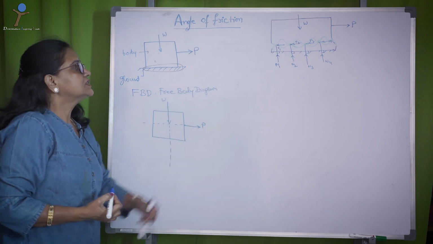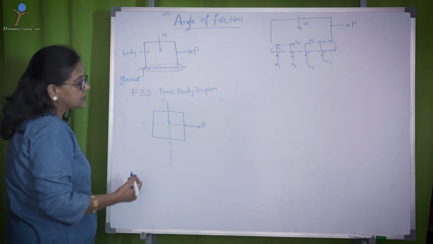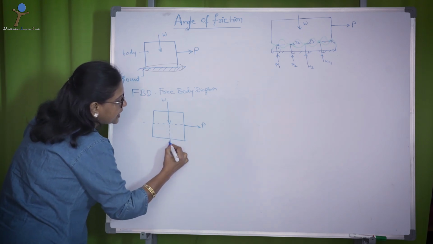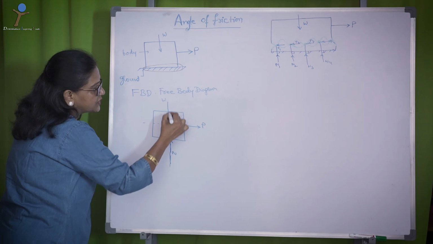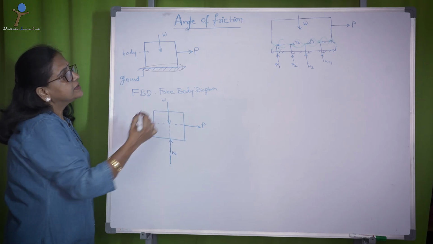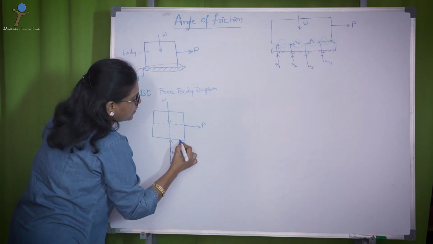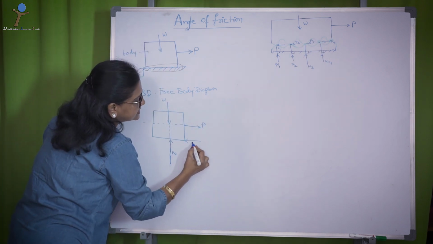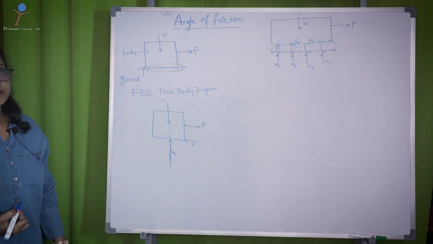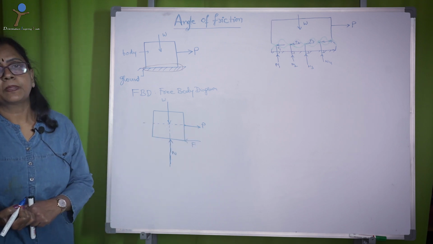So, the resultant of that I can represent as a reaction force vertically upwards and on the same line of action where the weight is acting. And the resultant of all these F1, F2, F3, F4, I can represent as F at the contact surface in a direction opposite to the applied force.